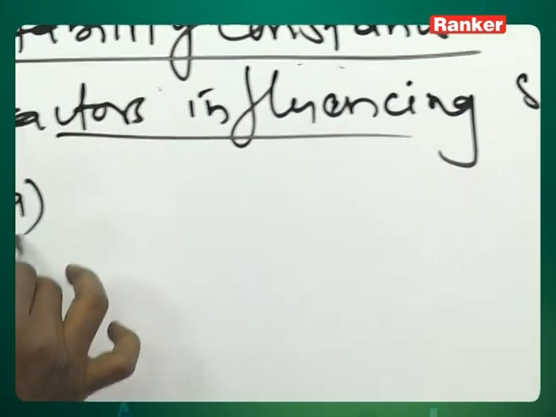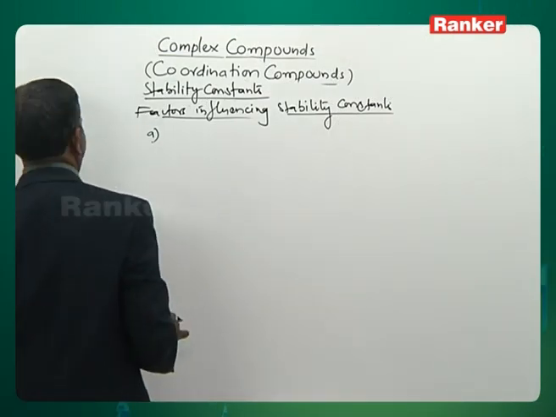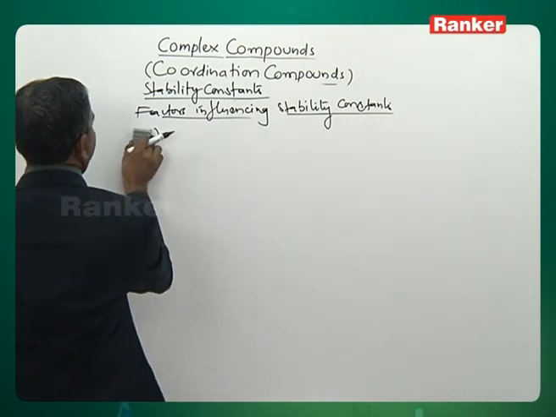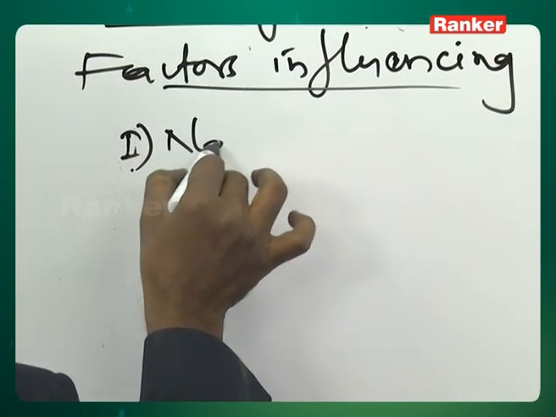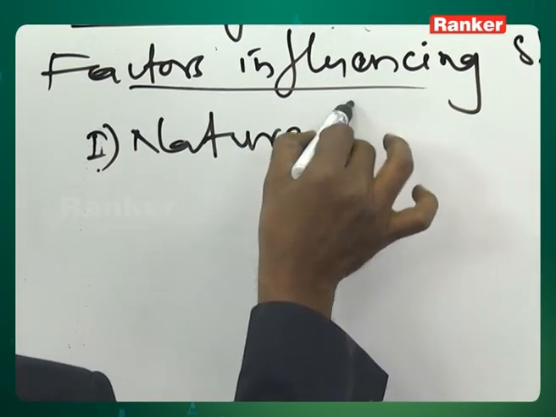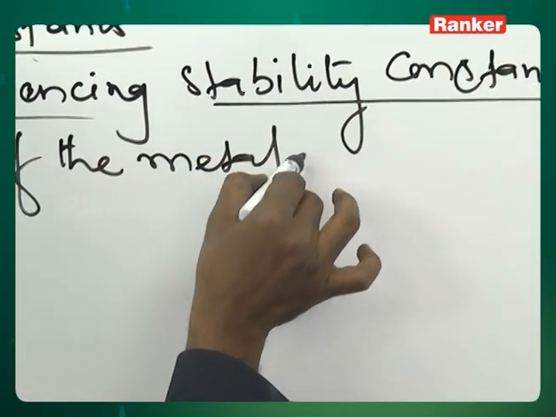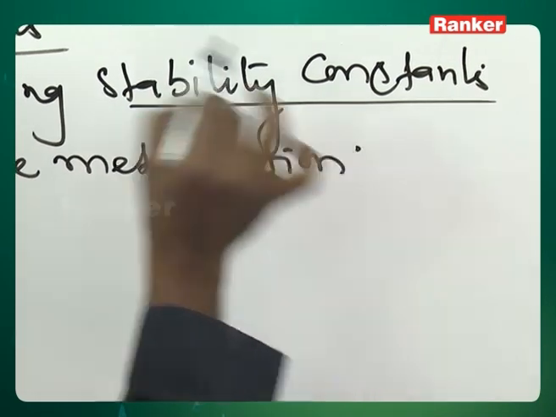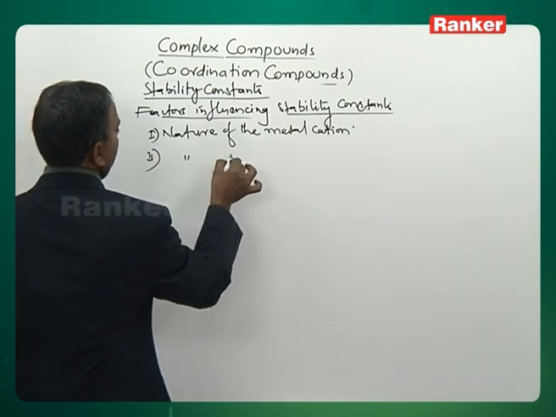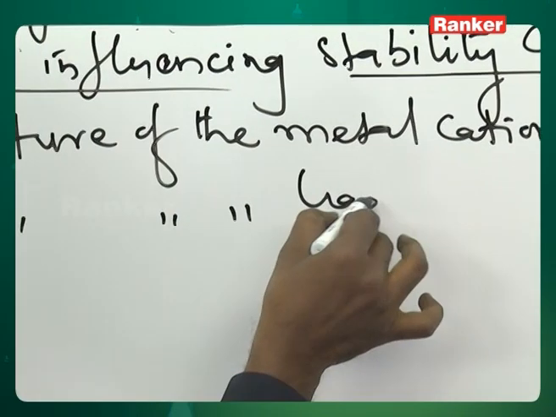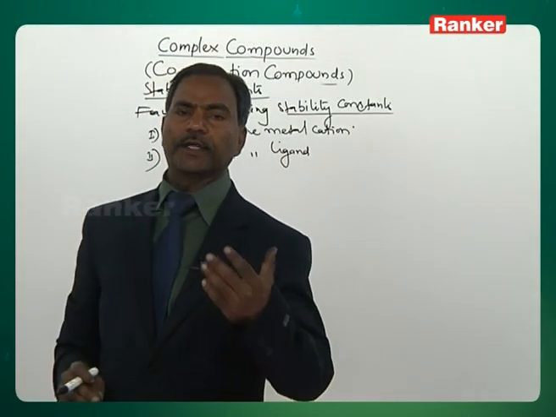Mainly two factors we come across. First one is the nature of the metal cation. Second one is the nature of the ligand.